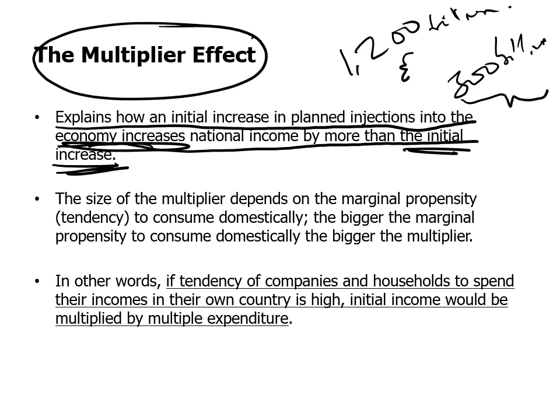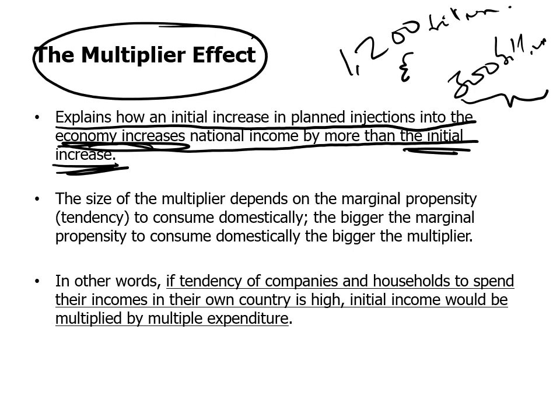The size of the multiplier depends on the marginal propensity to consume domestically. What is that? This is how much of our incomes we spend in our own country. So if I get a pay rise of, say, £100, how much of that new £100 do I spend on domestic goods?